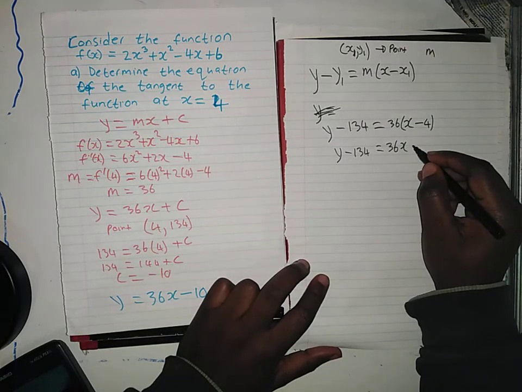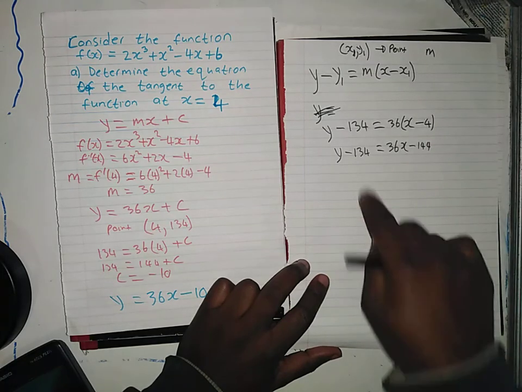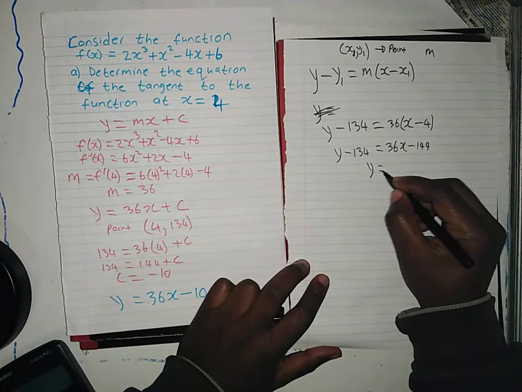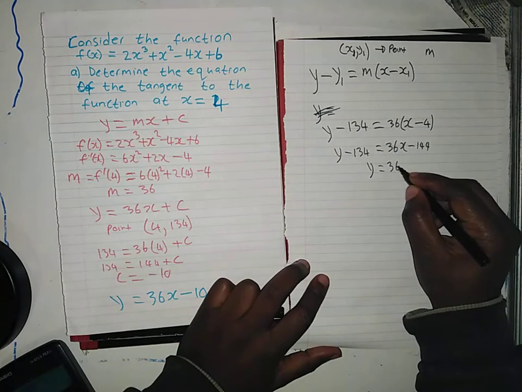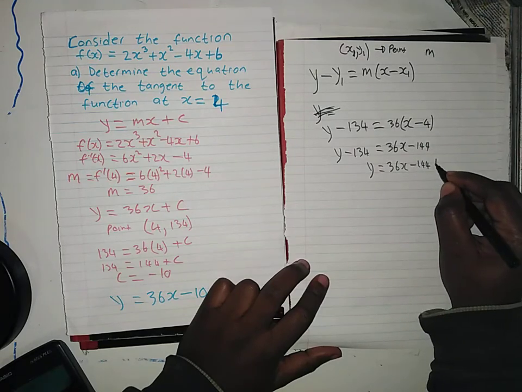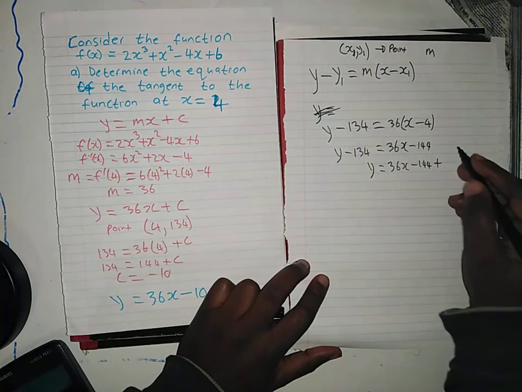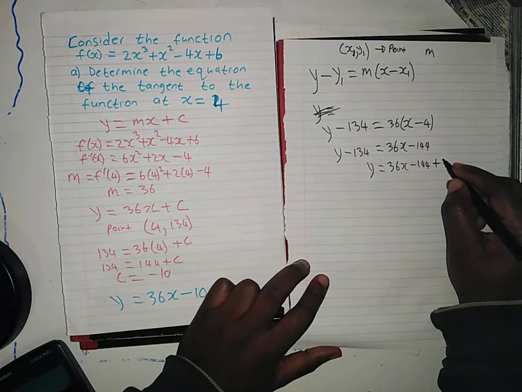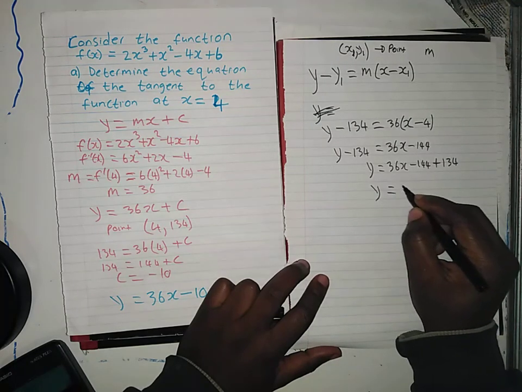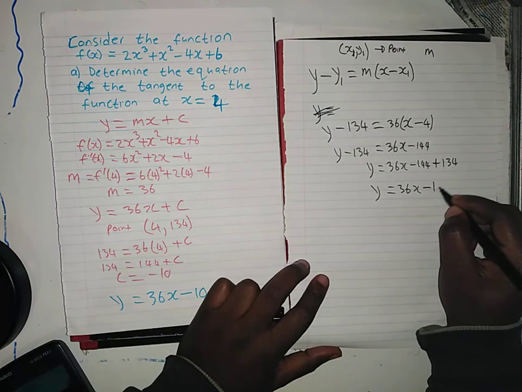So minus 144. And then when you take this to this side, you end up with y is equal to 36x minus 144 plus, because this is negative here, so when you put it to that side, it's going to be positive, 134. And then you end up with y is equal to 36x minus 10.